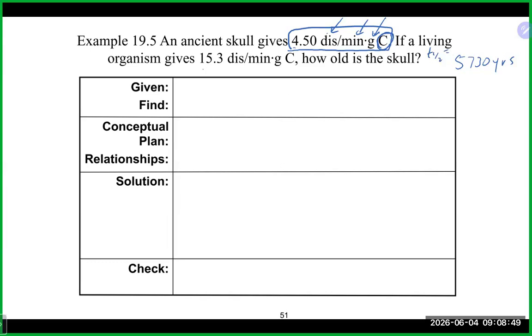If a living organism has 15.3 disintegrations per minute per gram of carbon, we want to know how old is this skull. So once again, this is just a kinetics problem. It's radioactive decay, so we definitely know we are going to be using first order in this case.